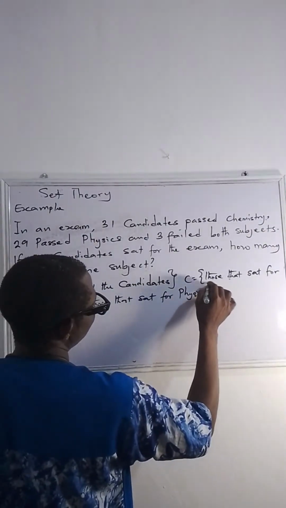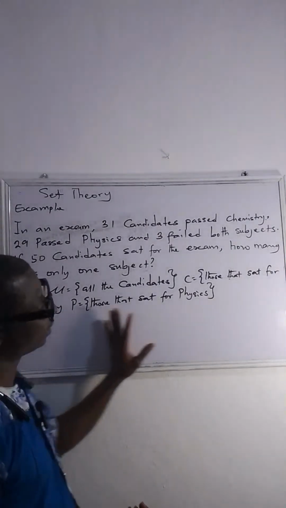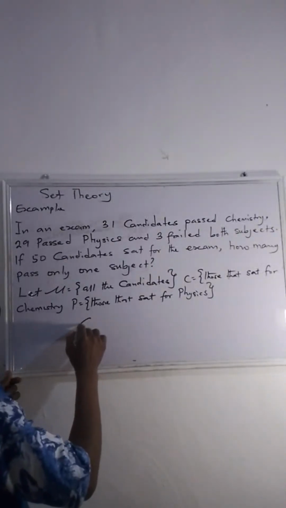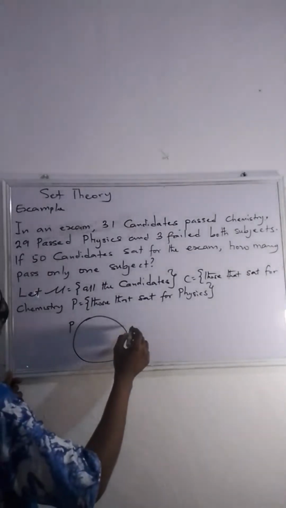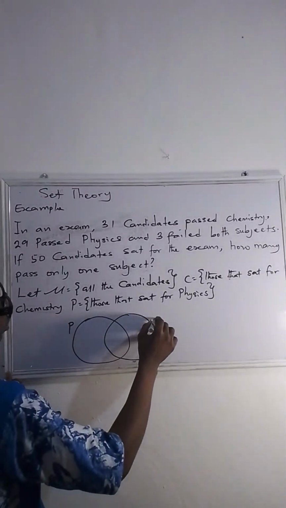All right, so now you can draw your Venn diagram to show all of this. So we have two subsets: the set of those that sat for physics and the set of those that sat for chemistry.